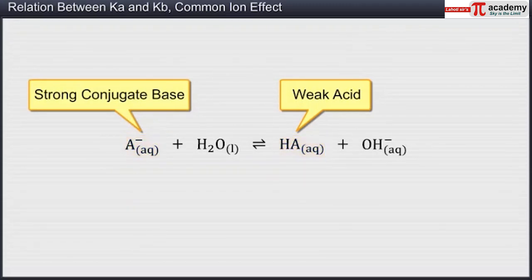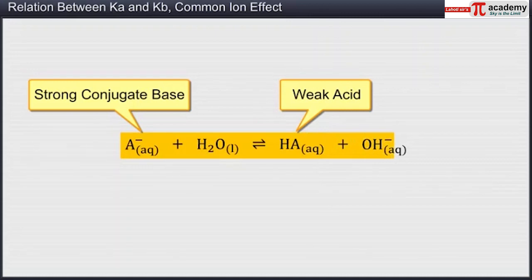The dissociation equilibrium of strong conjugate base A minus in water can be represented as A minus aqueous plus H2O liquid in equilibrium with HA aqueous plus OH minus aqueous.